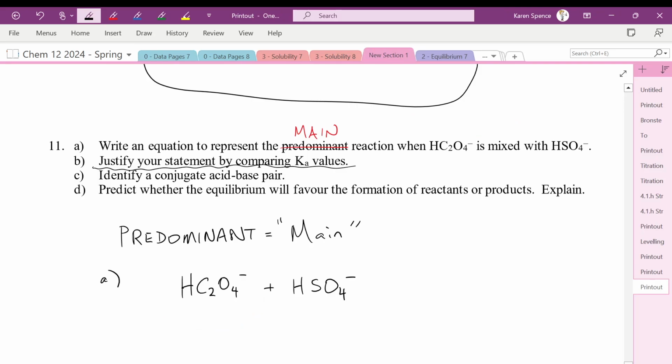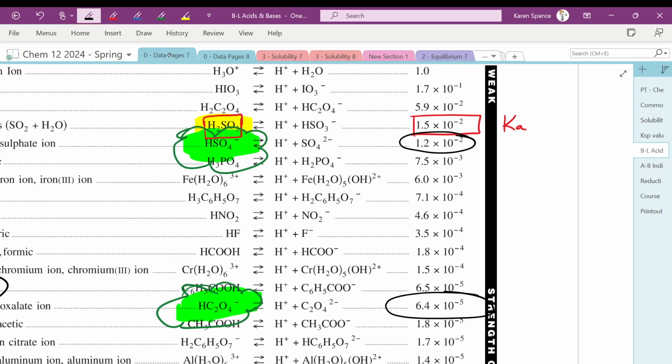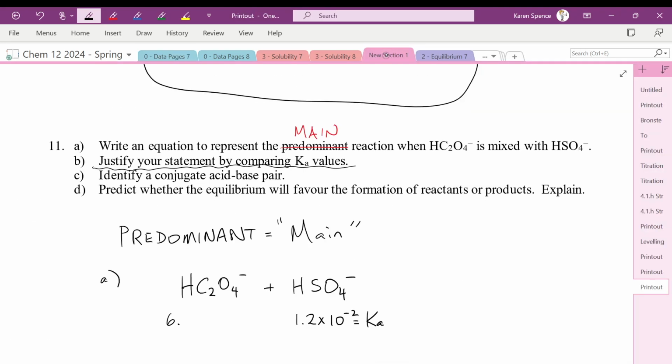So this was 1.2 times 10 to the minus 2. That's the Ka value. And over here we had 6.4 times 10 to the minus 5. And what that means is that HSO4 is stronger.